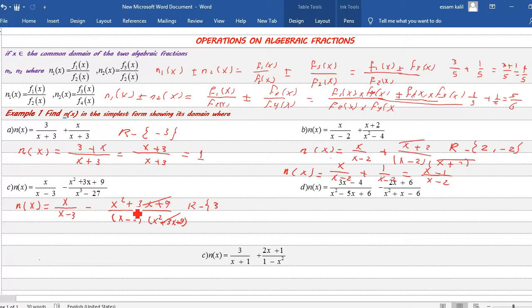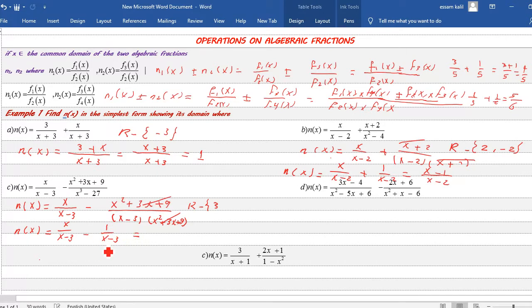Cancel x power 2 plus 3x plus 9 with x power 2 plus 3x plus 9, so then n of x equal x over x minus 3 minus 1 over x minus 3.